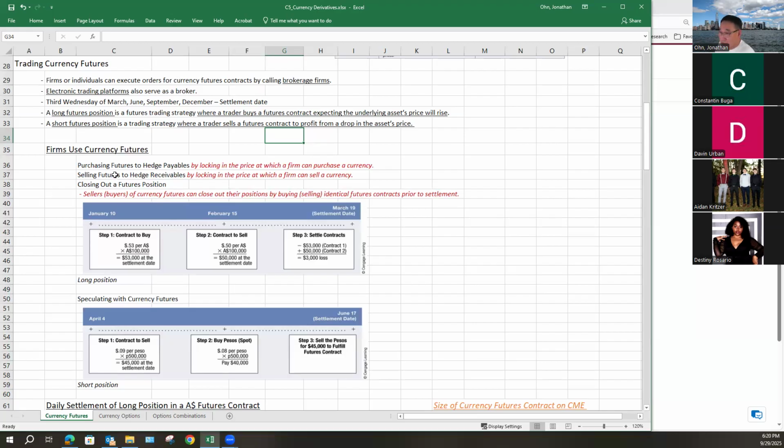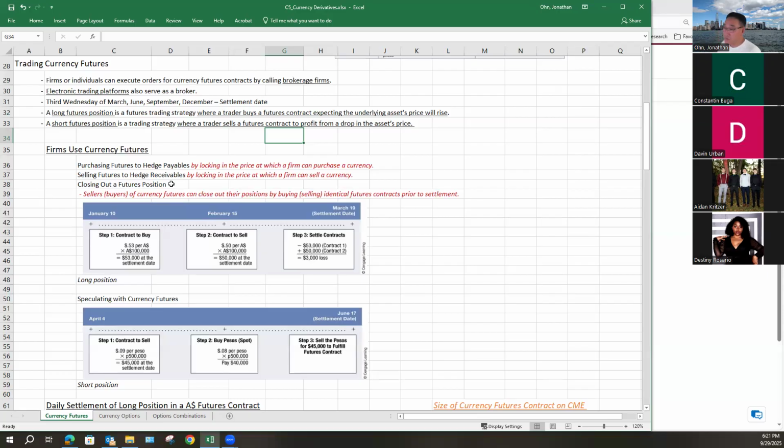All right, selling currency futures. Selling futures contracts is to hedge receivables. So in this case, if you expect to receive 1 million euros in 3 months, again, you have no idea what's going to happen to the euro between now and 3 months.